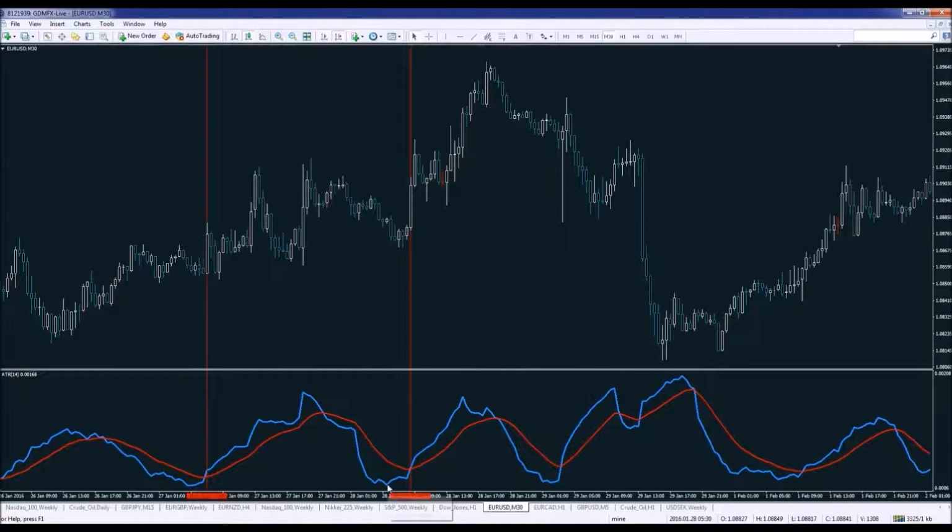You can see that I'm not even going through the crossovers with a declining volatility and declining moving average, and over here at the beginning of the cycle as well.